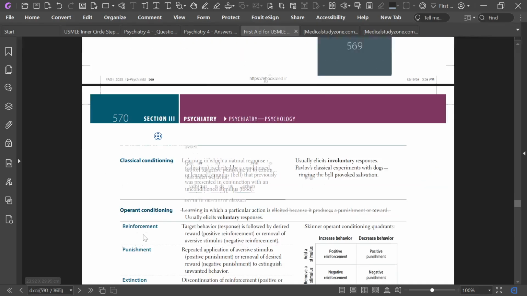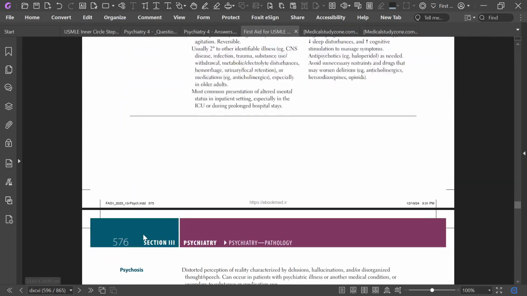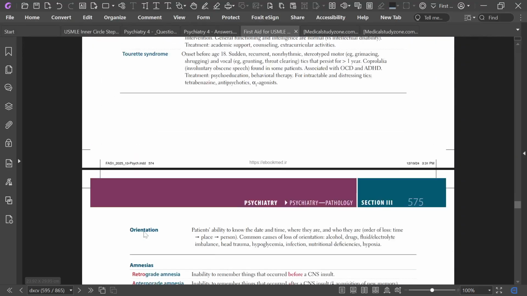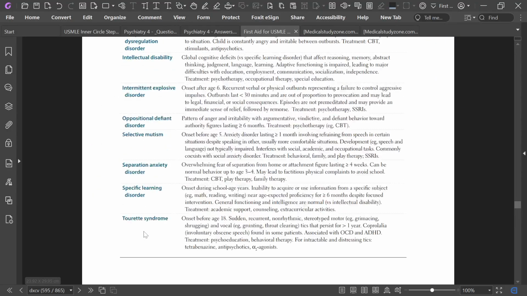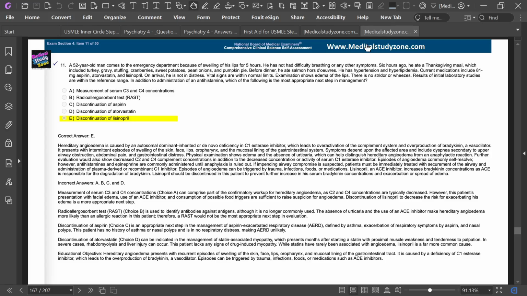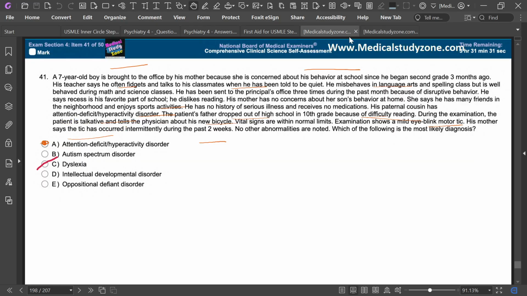I don't think they will give you dyslexia and specific learning disorder both in the same question. Because in First Aid there is an option like specific learning disorder. Yeah, I know there is that option too, but it will be really confusing if they give you both of them, because I feel like dyslexia can be a type of specific learning disorder. Yeah, it will be confusing if they give you both on the same question. It wouldn't make sense because it can be either or.